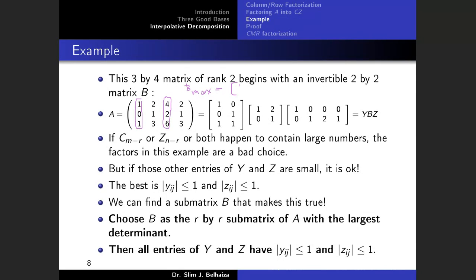I mean, B max would be 1, 0, or 2, because the determinant now is not 1 anymore. The determinant of B max is 2. Okay?